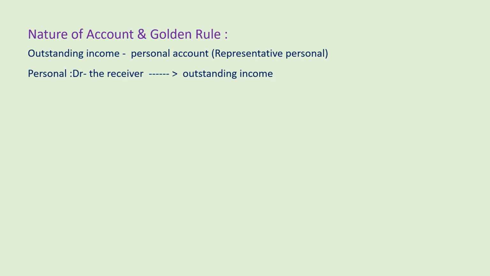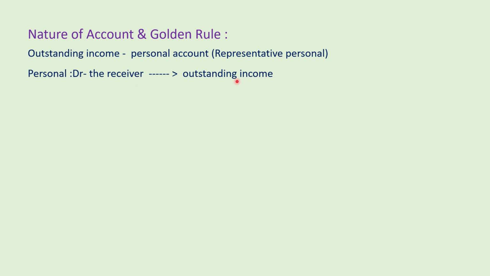Under personal account we have three categories, right? Under that, representative personal account is also there. This outstanding income will be represented under the representative personal account. That's why outstanding income will be debited, because you are going to receive it in the future.